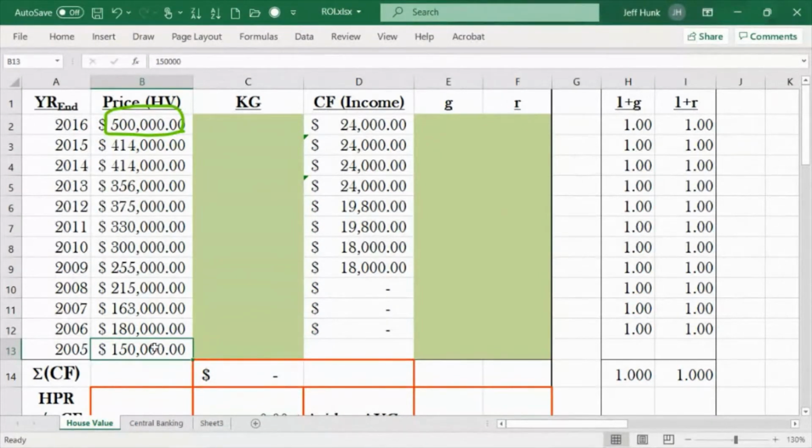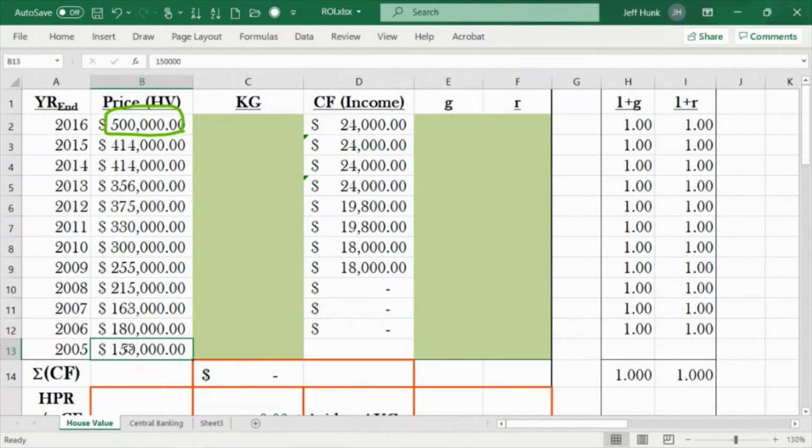Because that's the conclusion of the house value for that year. So you may have bought the house at any point in time during 2005, but for the simplicity of our thought experiment, we'll assume you bought it at the end of the year. So that's the price you paid for the house.